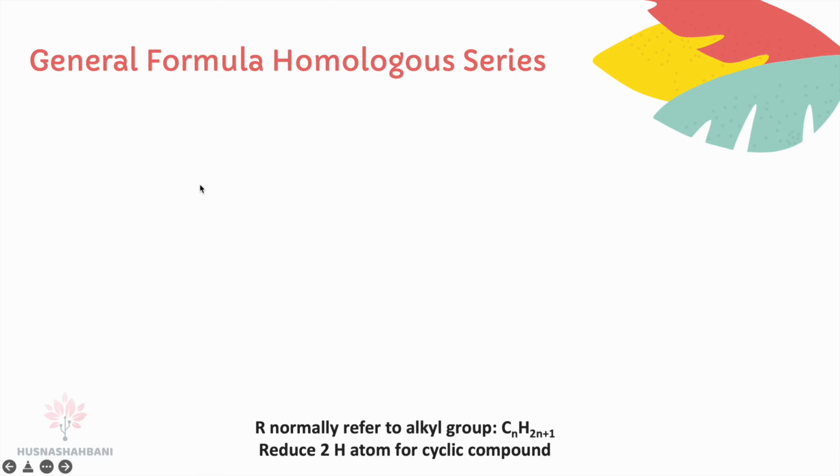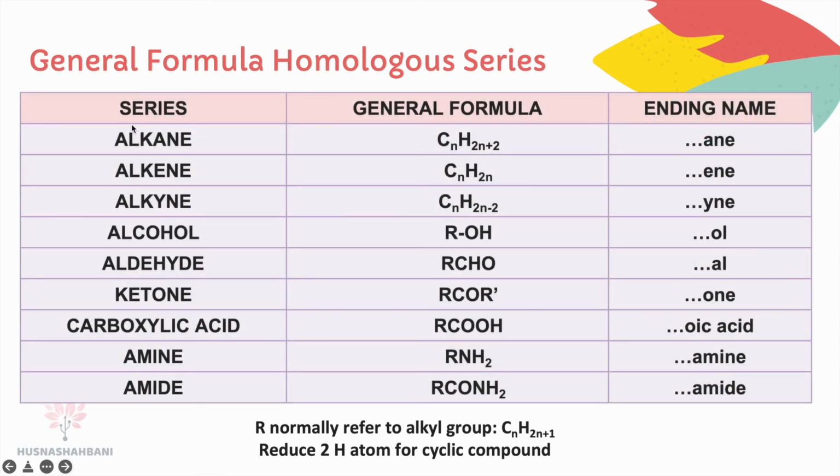General formula, homologous series. So for alkane, general formula CnH2n+2. So the ending name for alkane is A-N-E. So for methane, 1 carbon methane, 2 carbon ethane, 3 carbon propane. So ending name ane. For alkene, the general formula is CnH2n.